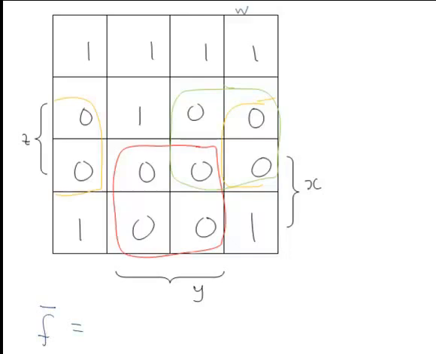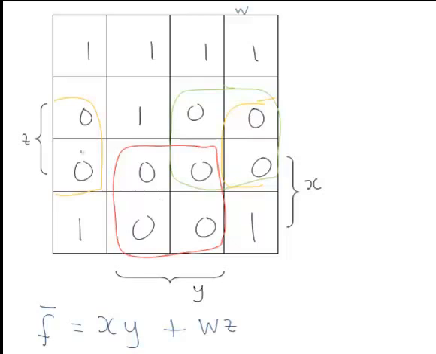And what is it? Well, looking at the red 4 square, that is in the column for y and in the rows for x. So that red 4 square is x and y. Looking at the green 4 square, that is in the column for w and in the row for z, so that's wz.